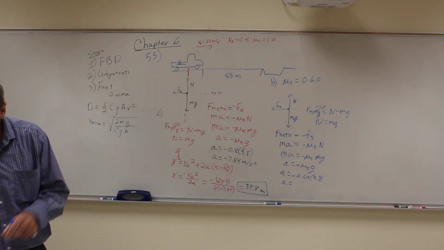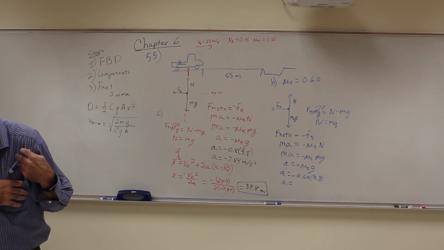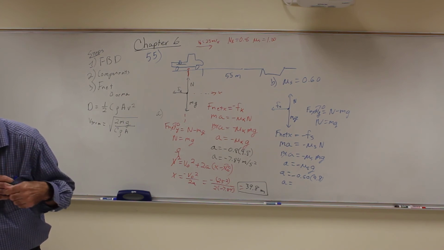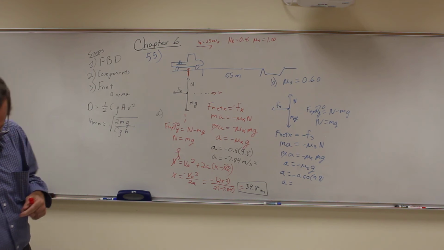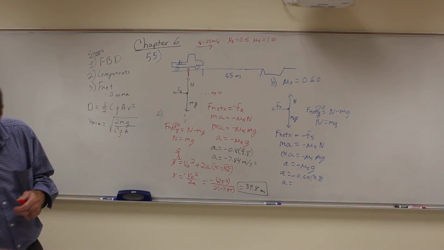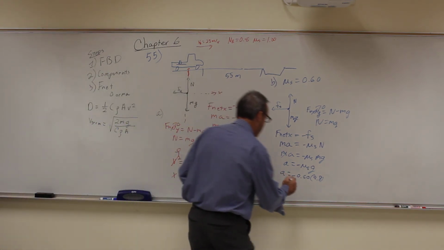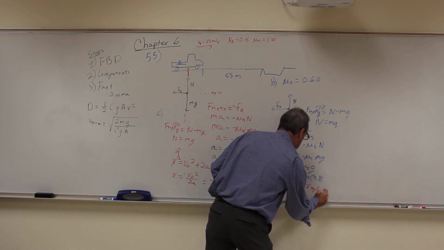So the maximum acceleration that the vase can handle is going to be 0.6 times 9.8, 5.88. Okay?